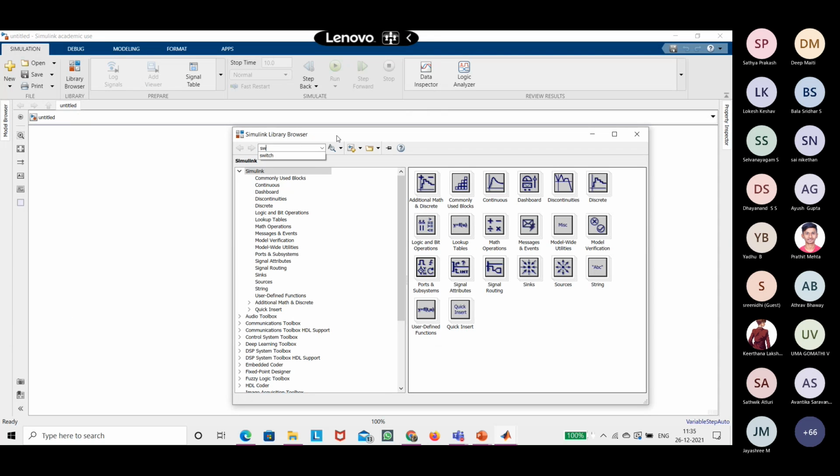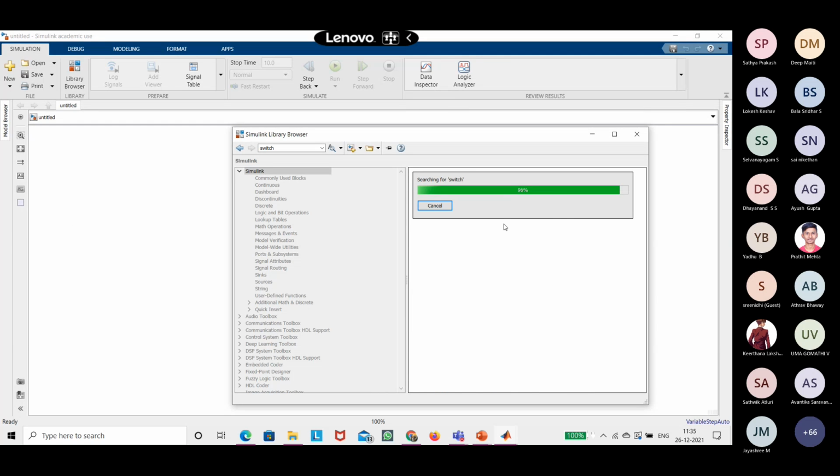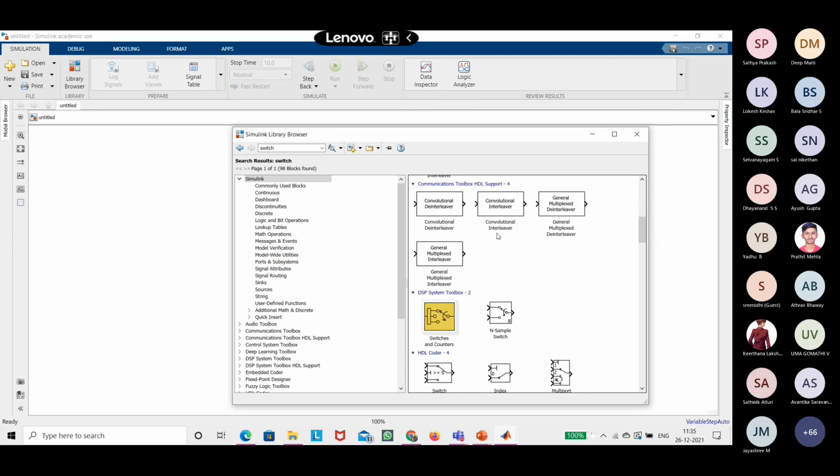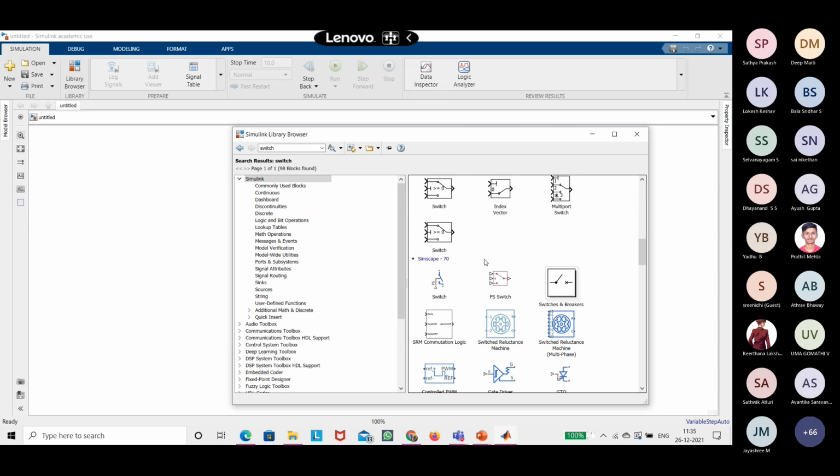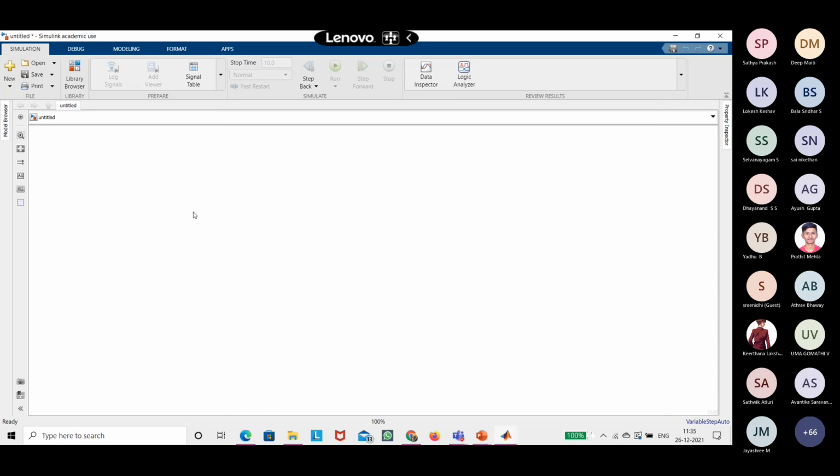Search for switch first, press Enter and go to Simscape. There you will find a switch. Just drag and draw it, and press Ctrl R to rotate it. Then copy paste it to 4 since we are using the 4-bit DAC.